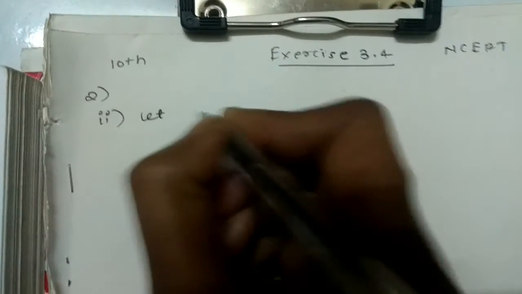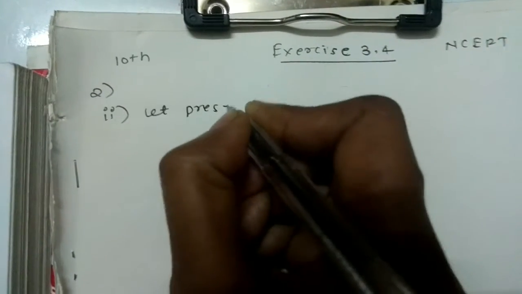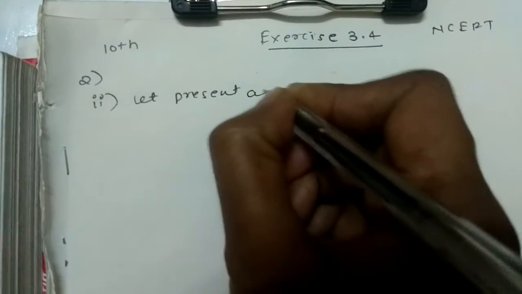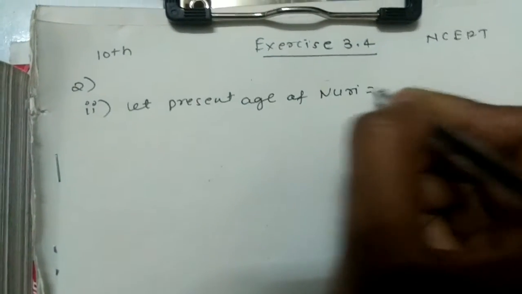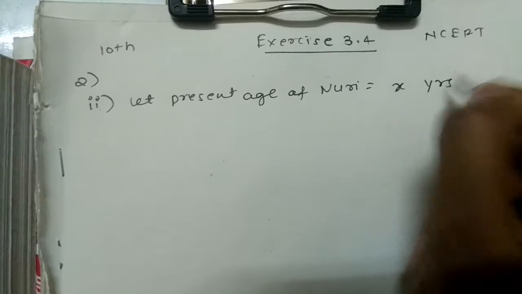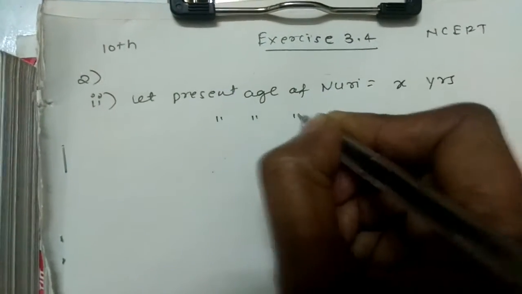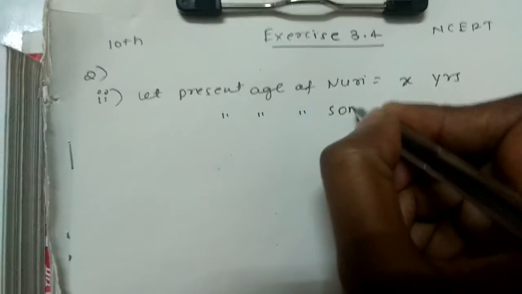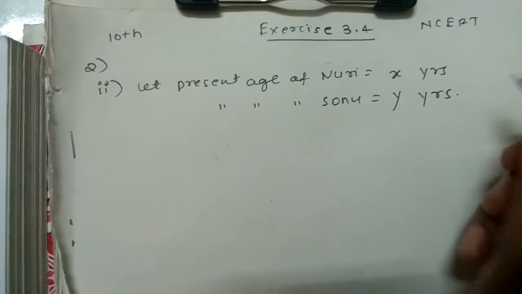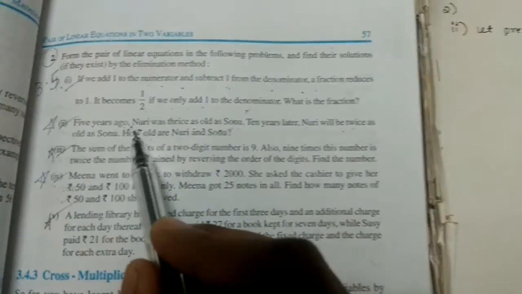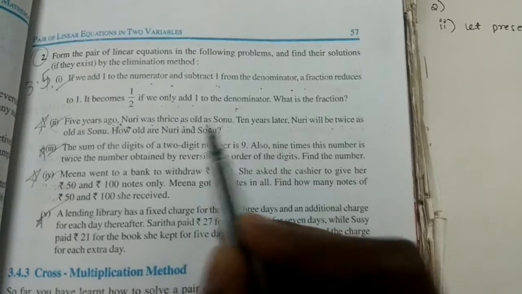So let the present age of Nuri be x years and the present age of Sonu be y years. If we consider the present age, then only we can find out the ages 5 years ago and 10 years later. So 5 years ago Nuri was thrice as old as Sonu.